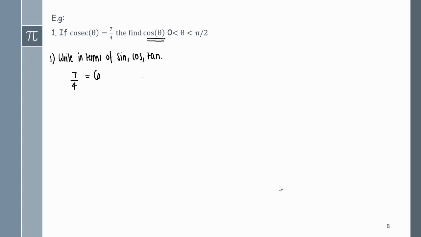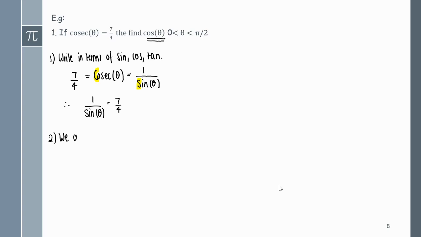Hopefully you recall that cosec goes with sine. So I can say that cosec theta is equal to 1 over sine theta. And we know that cosec theta equals 7 over 4. That means 1 over sine theta will also equal 7 over 4. I'm going to leave that there for now.